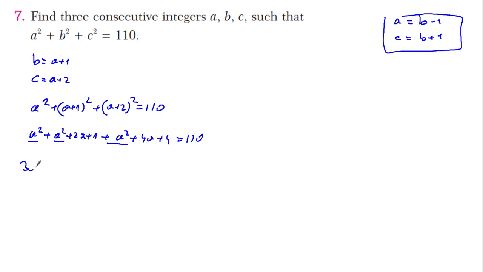You get 3a squared, 2a and 4a, that's 6a, 1 and 4, that's 5, is 110. Let's subtract also 110. You'll get this is 0. So 3a squared plus 6a minus 95 is 0.